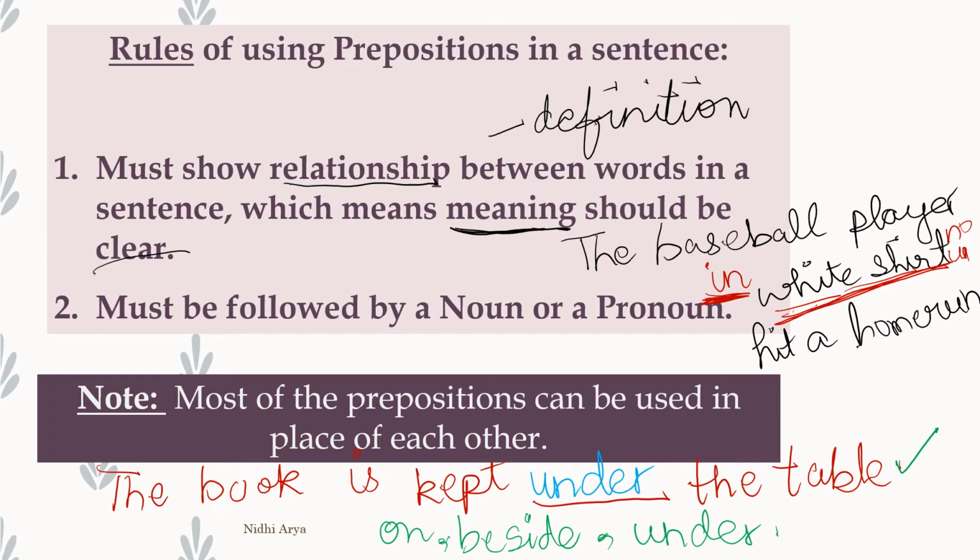We have to use prepositions in a sentence only if the meaning is clear to us. अगर meaning बिल्कुल clear है उस preposition को use करने के बाद, and it's not confusing कि actually में रखी कहाँ है, that book is okay. So we have to use it very carefully so that the meaning is clear.